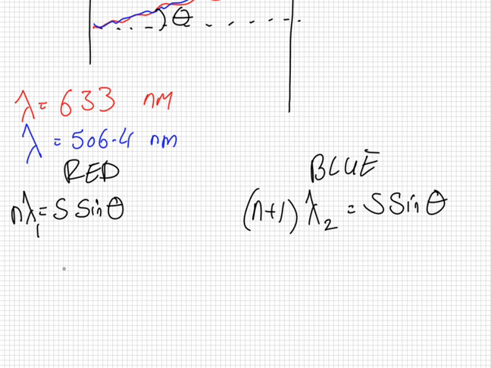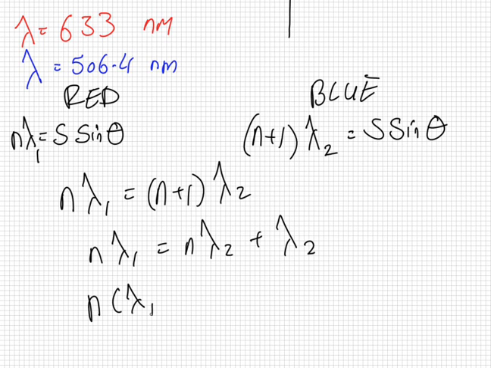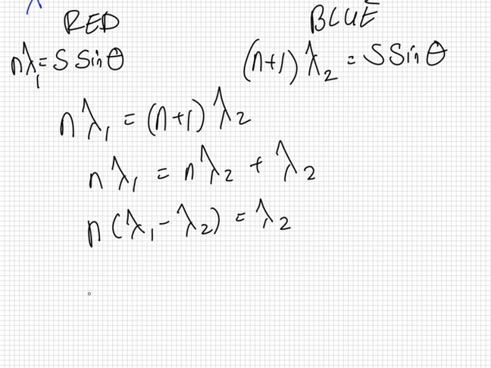So you get n lambda 1 equals n plus 1 lambda 2. So n lambda 1 equals n lambda 2 plus lambda 2. So n times lambda 1 minus lambda 2 equals lambda 2. So you get n equals lambda 2 over lambda 1 minus lambda 2.